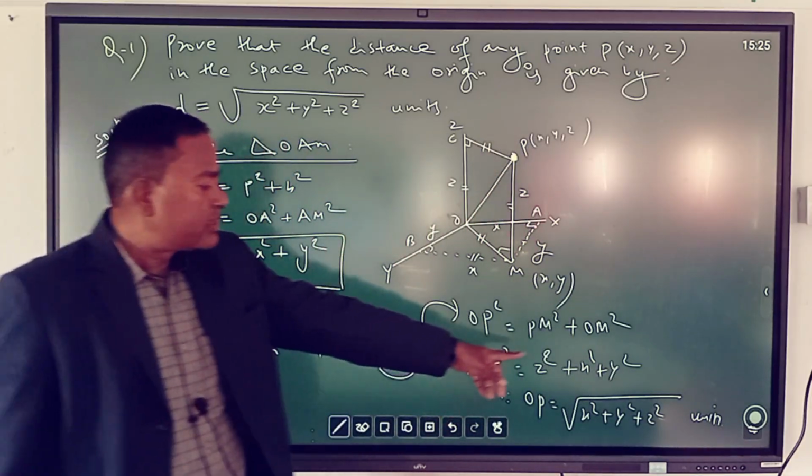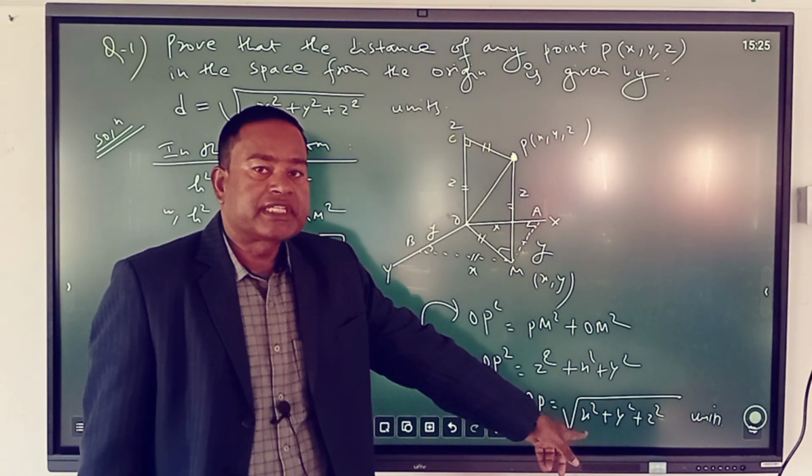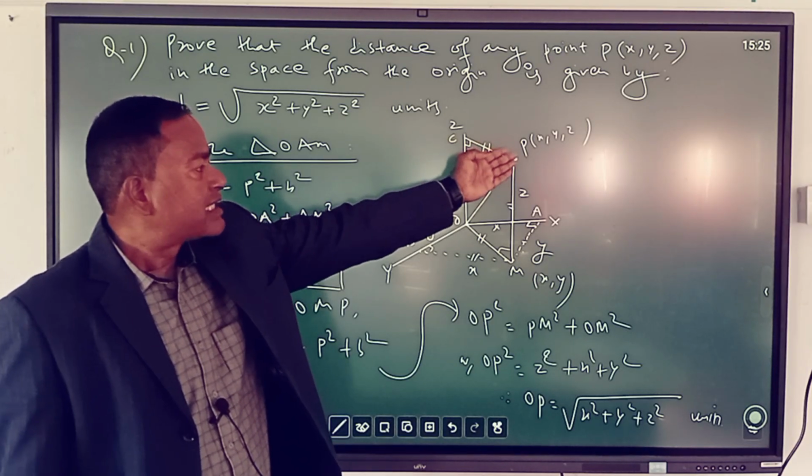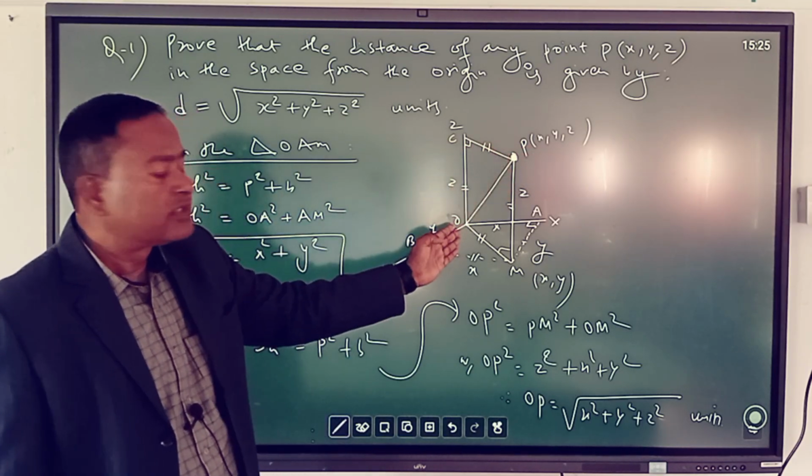Therefore, OP is equal to root x square plus y square plus z square, which is the distance of the point P(x, y, z) from the origin.